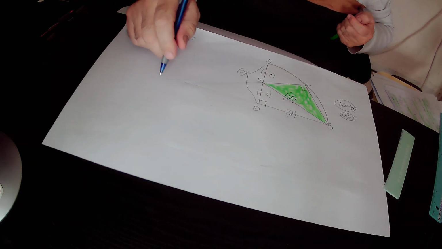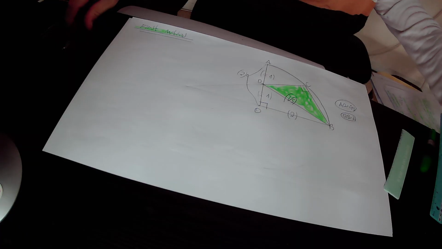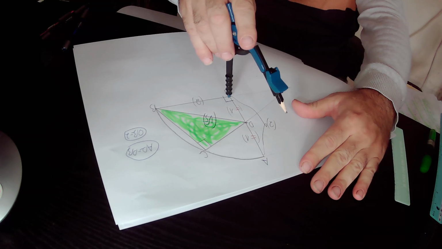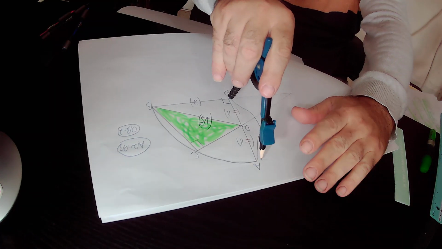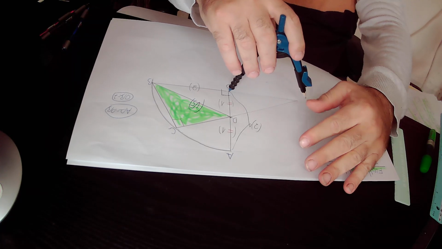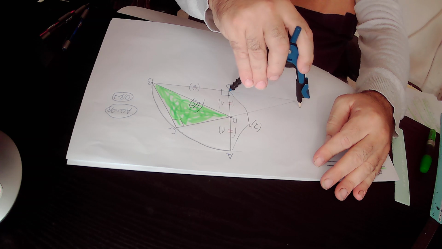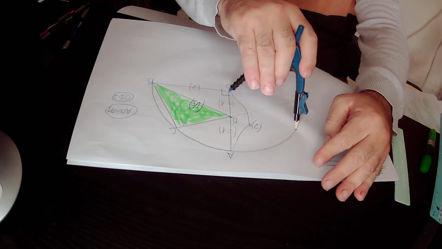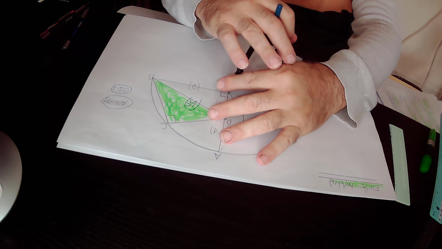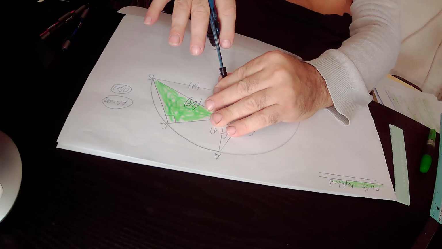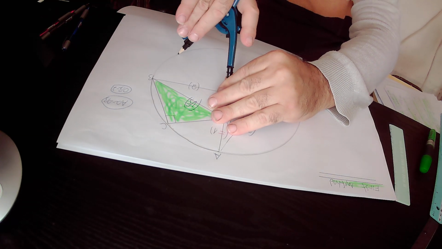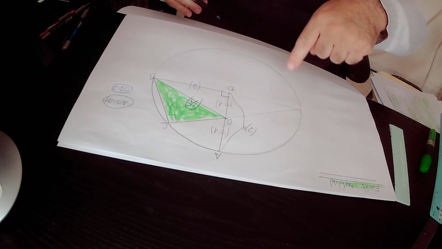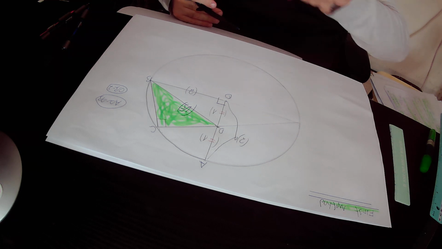we will complete this quarter circle to a circle, and then we will extend the radius BO by a straight line until it touches the circle.